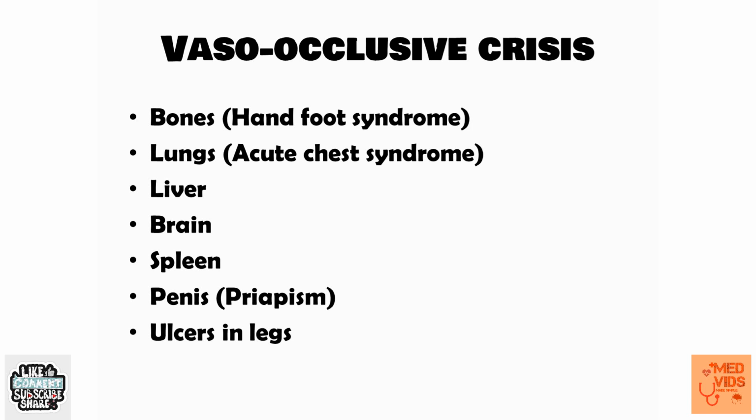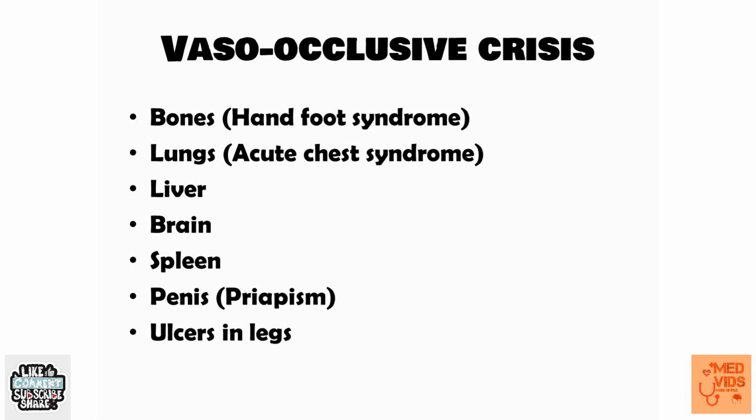And in adults and even in children, it can affect the lungs by affecting the pulmonary microvasculature. This leads to cough, acute chest pain, which can be very severe, breathlessness, hemoptysis, and all that, which is classically described as acute chest syndrome.